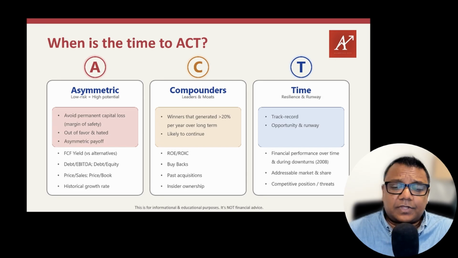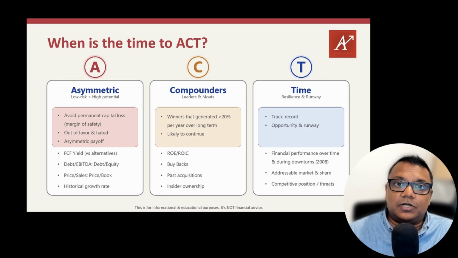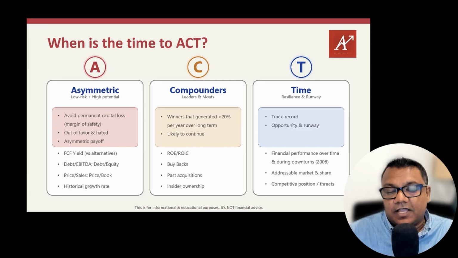Remember Meta? I talked about how the stock had gone down to $90. But if we look at Meta at that time, it had a track record of 12 years of very, very good and superior financial performance, great return ratios, as well as ability to grow its revenue. Not just that, it had also demonstrated that it could successfully navigate changing technology landscape.